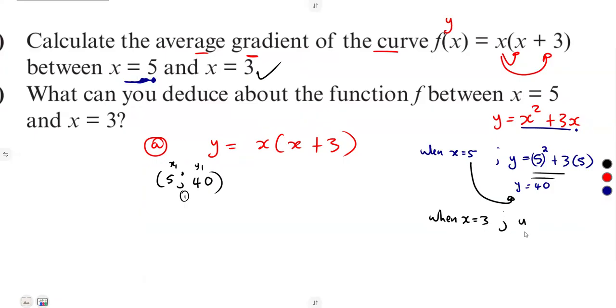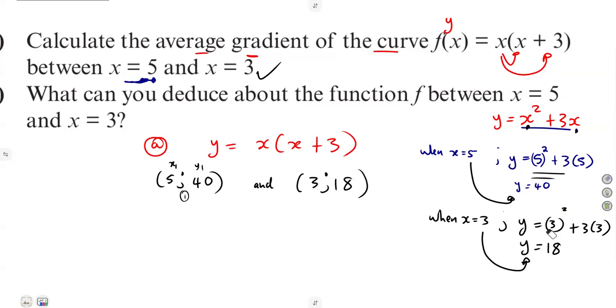You do the same thing: in place of x, you put a 3. So that's 3 squared plus 3 times 3. Using your calculator, you obtain positive 18. So that's another point: when x is 3, y is 18.